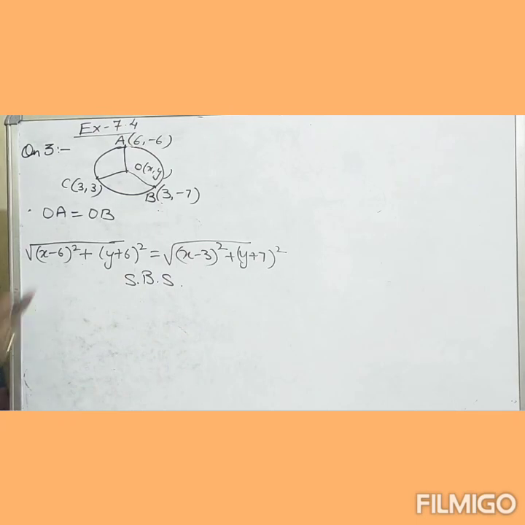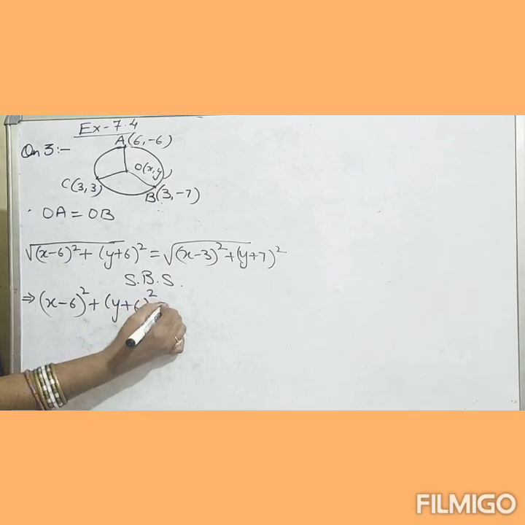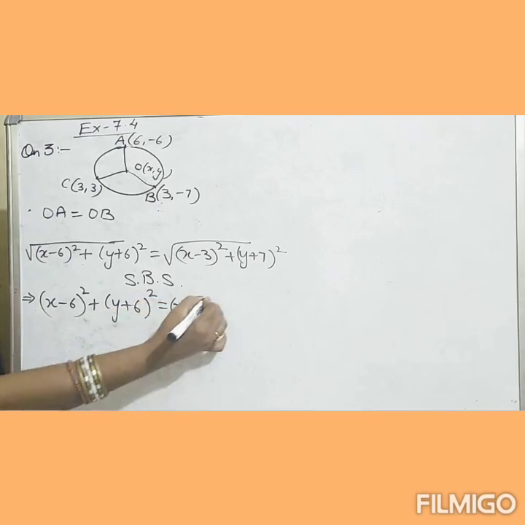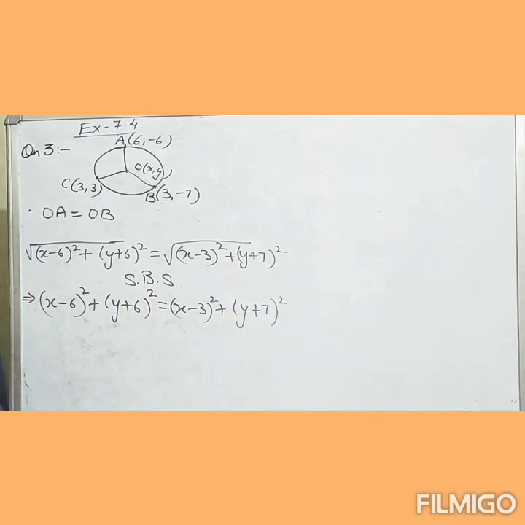After squaring both sides, the roots will cancel out with the square, and we will get (x minus 6) whole square plus (y plus 6) whole square equals (x minus 3) whole square plus (y plus 7) whole square. Now we have to open up the squares by using the formula. (a minus b) whole square is a square plus b square minus 2ab, so x square plus 36 minus 12x.